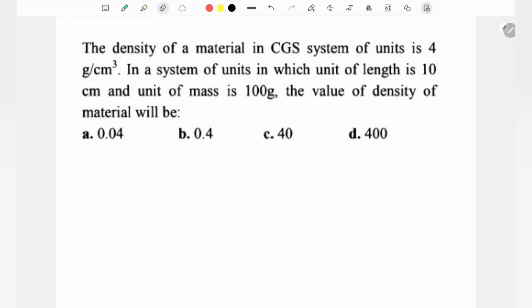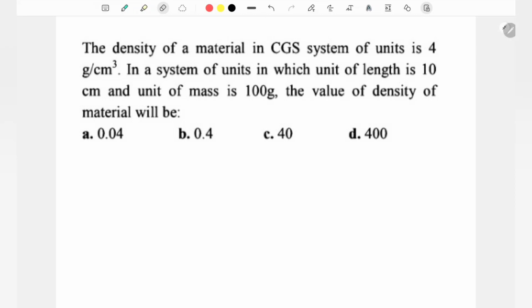The density of a material in the CGS system of units is 4 gram per centimeter cube. In a system of units in which the unit of length is 10 centimeter and the unit of mass is 100 grams, the value of density of the material will be. Here we have to convert one system of units into another.